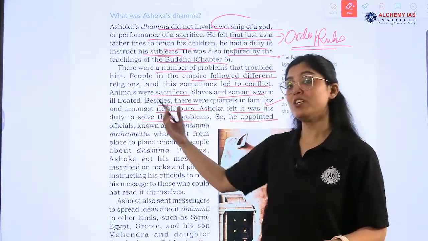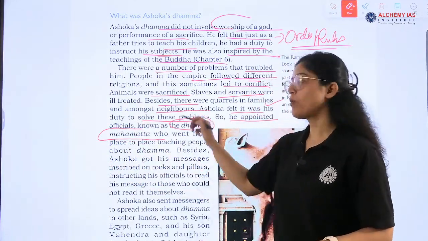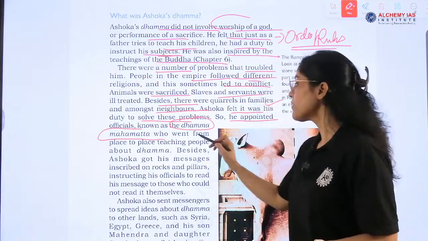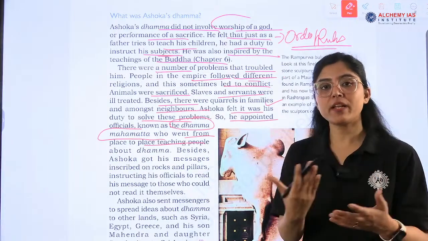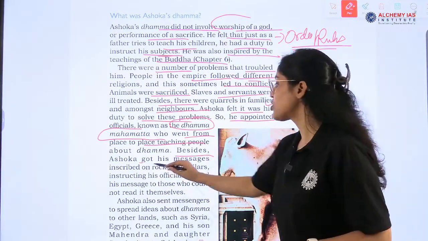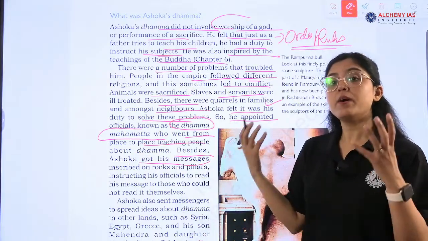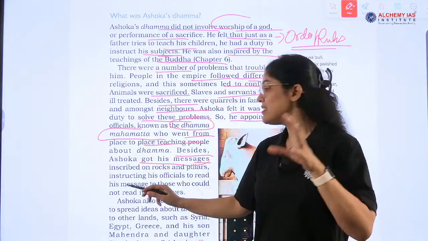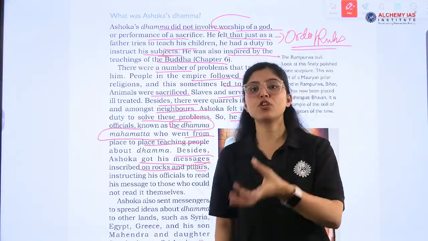So he appointed officers known as Dhamma Mahamattas. Very, very important. These were officers who went from place to place teaching about Dhamma, propagating Dhamma. And besides the Dhamma Mahamattas, he got his messages inscribed on rocks and pillars, which are called pillar inscriptions and rock edicts.